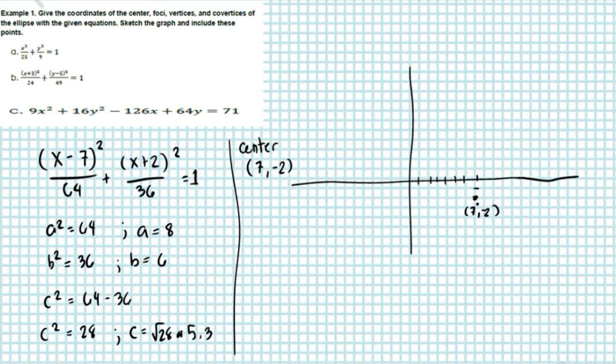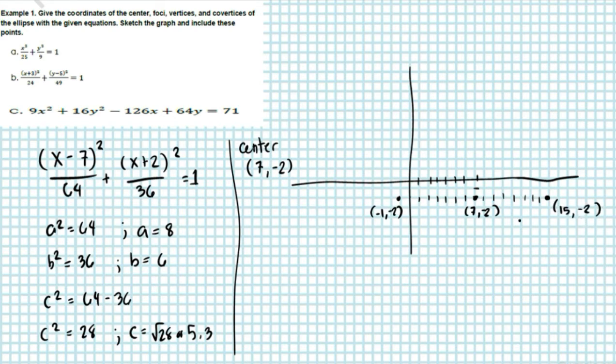So, mag-add tayo left and right natin from the center. 1, 2, 3, 4, 5, 6, 7, 8. Then, on the other side, 1, 2, 3, 4, 5, 6, 7, 8. Okay, so you can see here that our vertex is negative 1, negative 2. Then, 15, negative 2.